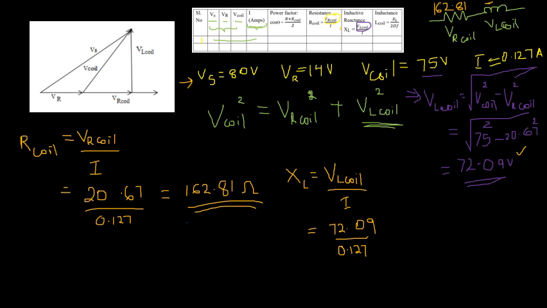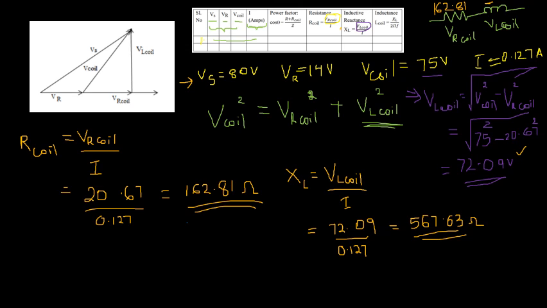If I calculate 72.09 divided by 0.127, it yields the value of 567.63 ohms. So this will be the inductive reactance.